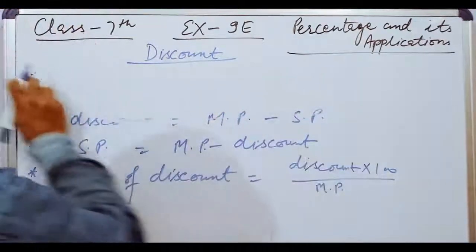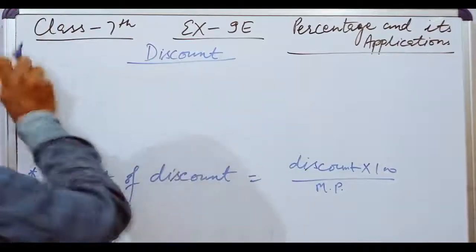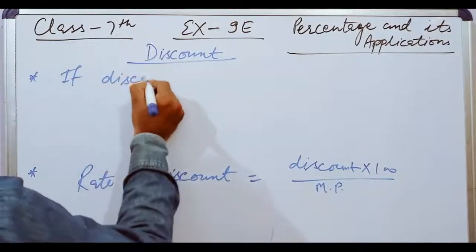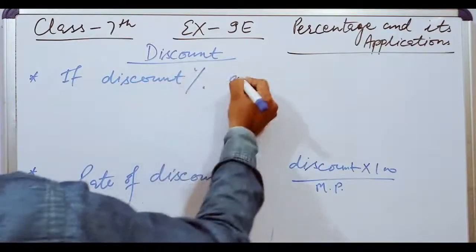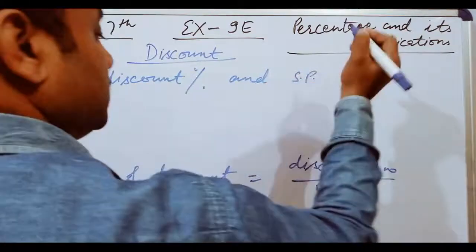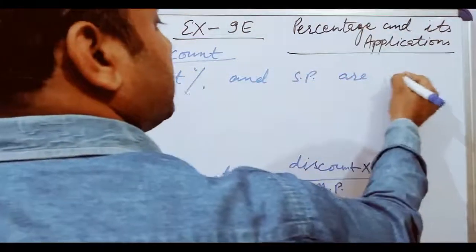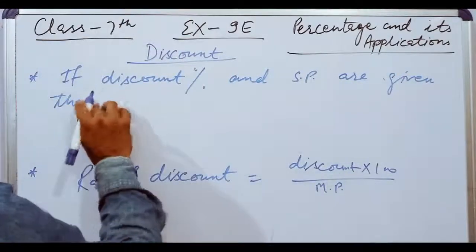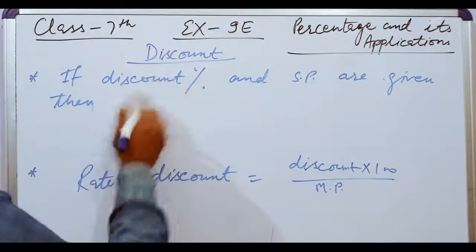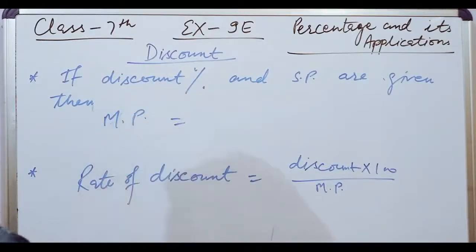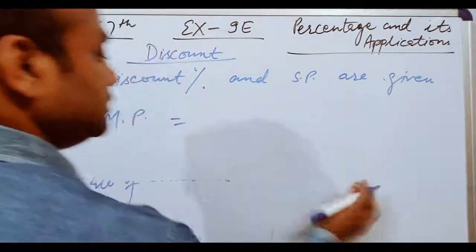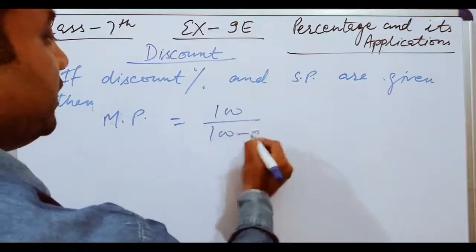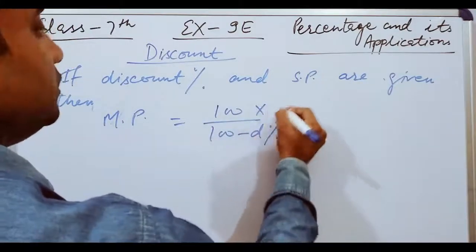And if discount percent and SP are given, then mark price equal to 100 upon 100 minus discount percent into SP.